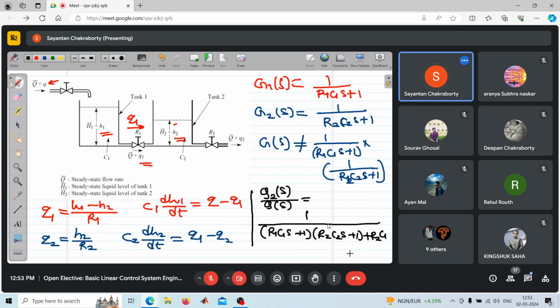I'll leave this analytical part for you. Now I'll try to arrive at this transfer function by some other approach. Okay, a new approach. Let's see how.